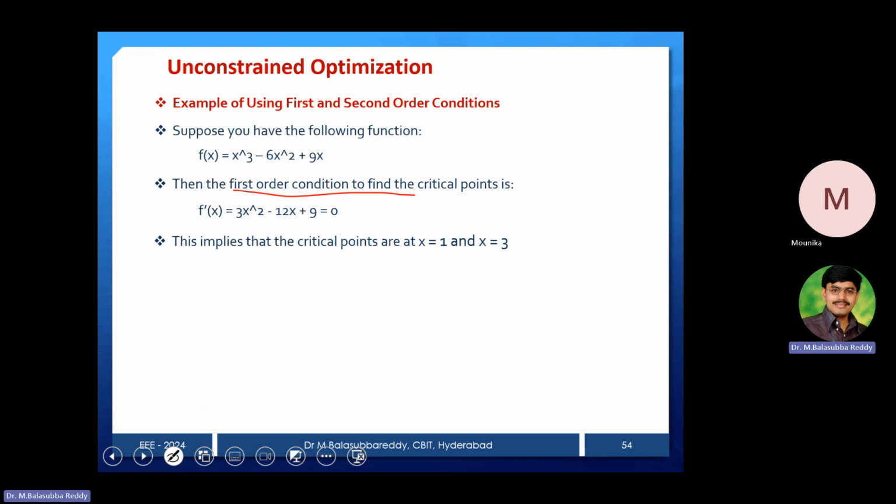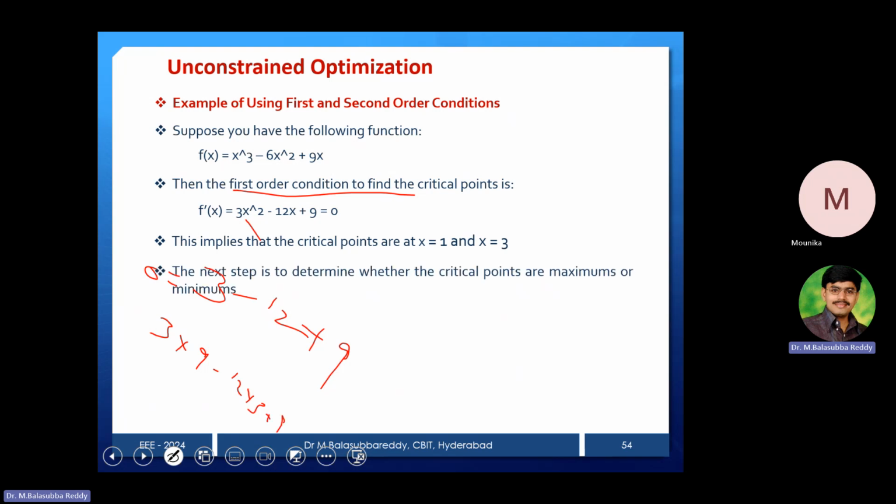That implies we can notice the points x is equal to 1. If I put x equal to 1 here, I get 3 minus 12 plus 9, so that value is equal to 0. Similarly, x is equal to 3: put 3 into 3 square minus 12 into 3 plus 9. So these are the points that satisfy that condition.